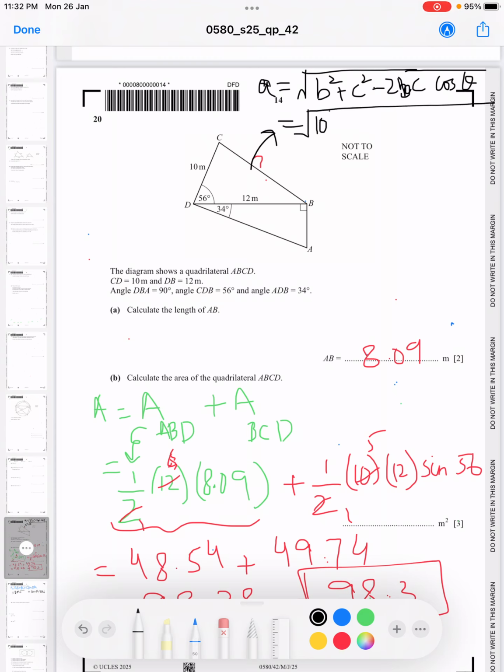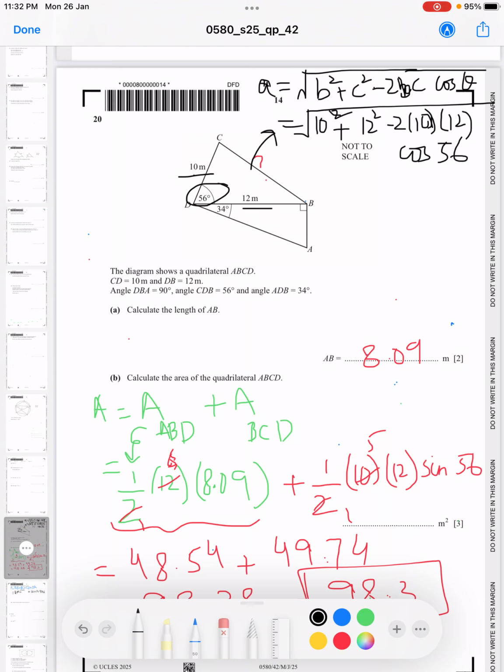Let's suppose this is 10, just substitute the values. This is b with 10 and c with 12 and the angle between them. 10 square plus 12 square minus 2 times 10 into 12 cos of 56. Substitute all these values in the square root, right?